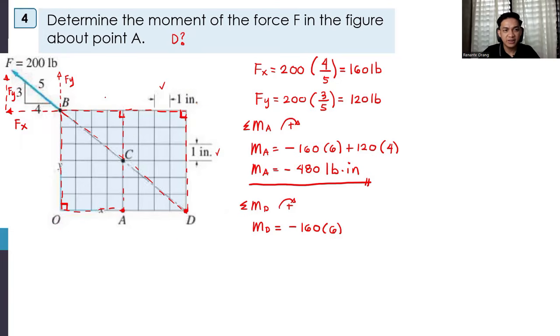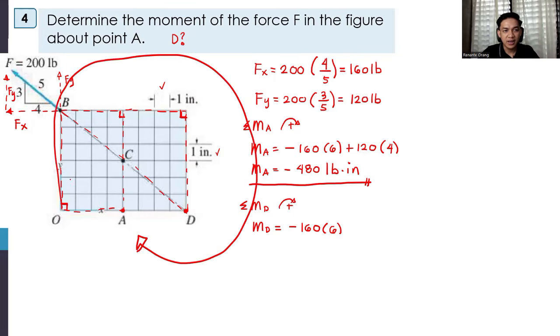Proceed po tayo sa ating force Fy. Tingnan natin if negative ba siya o positive. So, papaikutin natin siya sa ating point D. And as you can see, that is clockwise. So, Fy po natin is positive 120 multiplied by its perpendicular distance. So, tingnan natin, ito yung ating Fy. Pupuntahin natin kay point D. So, this is its perpendicular distance.